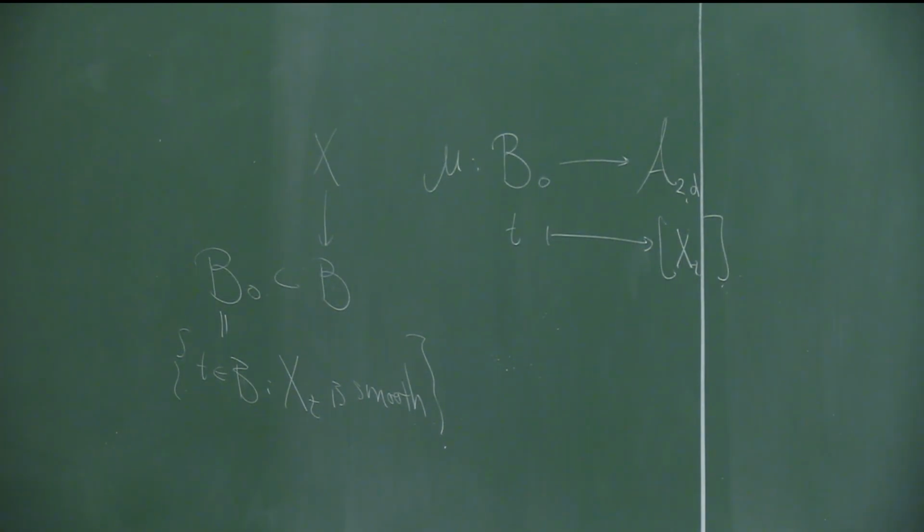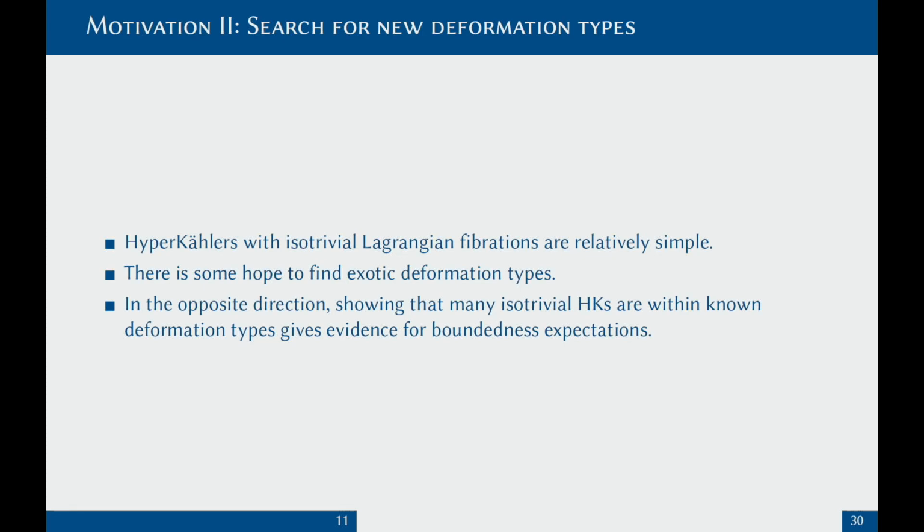OK, so this is one of the motivations. Another motivation is just the search for new deformation types. So isotrivial Lagrangian fibrations are relatively simple, and they're kind of a good place to look for new deformation types. It's not unimaginable that there could be some deformation types where every Lagrangian fibration is really exotic, and it's hard to find a representative for this deformation family without having some type of Lagrangian fibration.